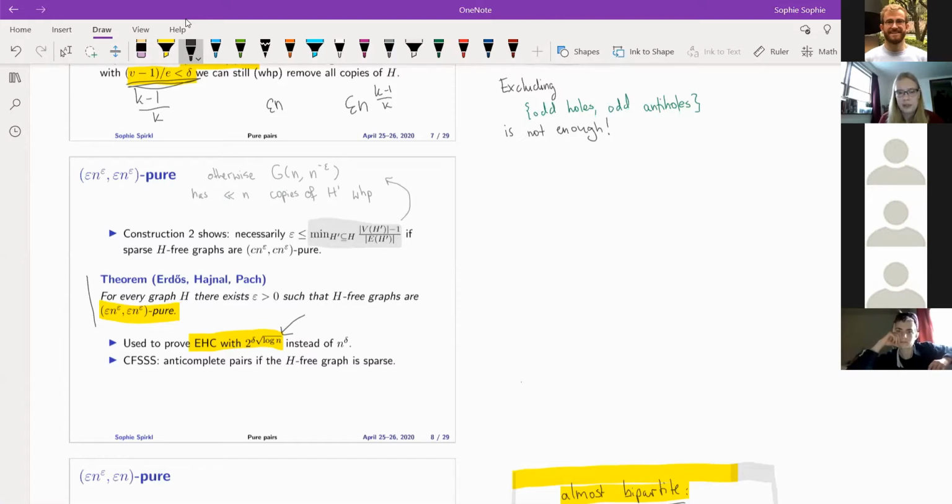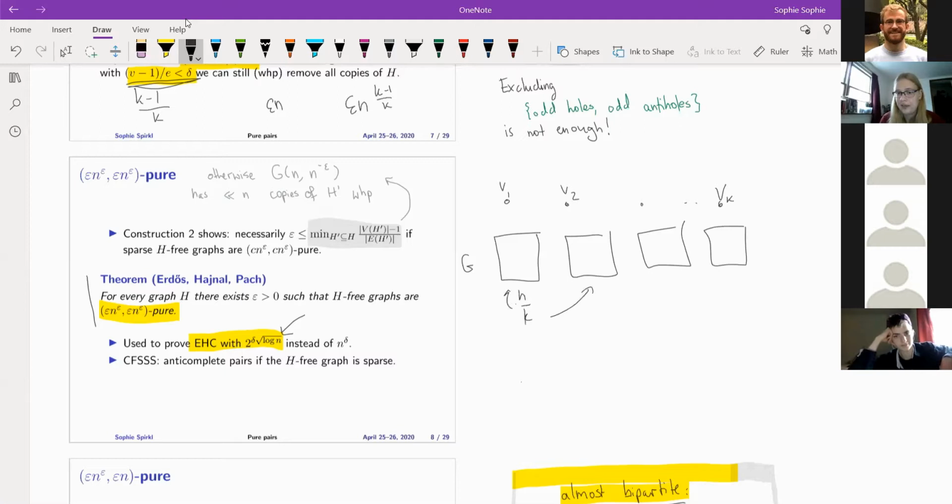So this proof relies on just embedding the graph H. So we have our graph H, and say we have vertices V1, V2, up through Vk, the size of the graph H. And we want to find H as an induced subgraph in some big graph G. Let's split up the vertices of G into sets of size n over k.